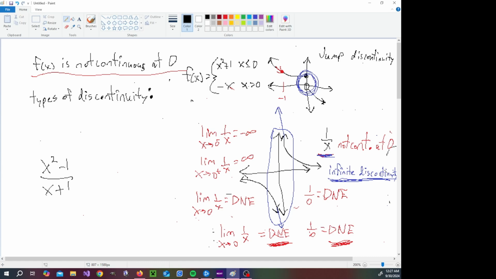So this looks like the function, right? I can factor x squared minus 1 into x minus 1 times x plus 1.